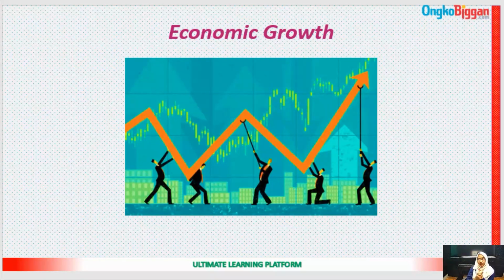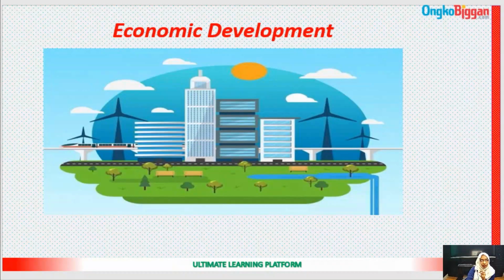Whenever there is economic growth, the business grows, the employment grows, and the rate of GDP grows. And in economic development, we will calculate the move from a low income country economy to a modern industrial economy. So that will be development. And here we will also calculate the per capita income.